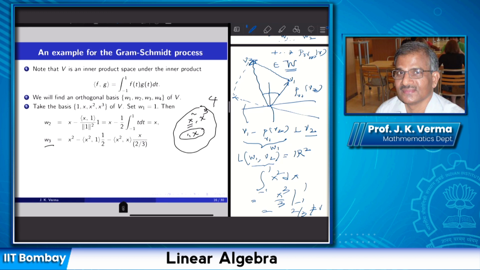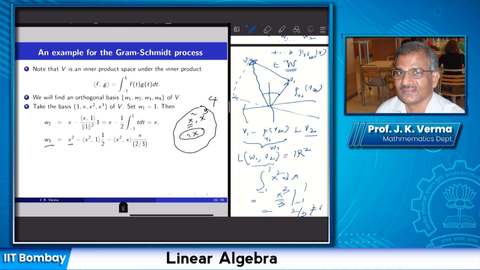So what is the method? Take x square, take its projection along 1, take its projection along x, and add those projections. Then I will get a vector inside this 2-dimensional space, which is spanned by 1 and x, and from x square subtract this projection of x square in the subspace spanned by 1 and x. And so that is W3.